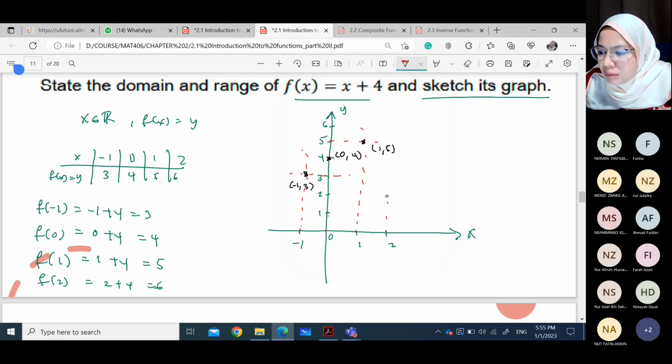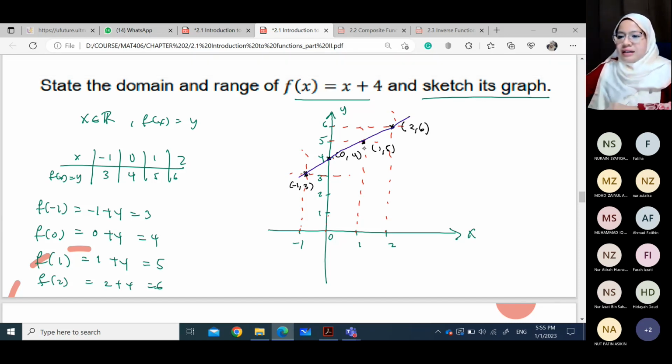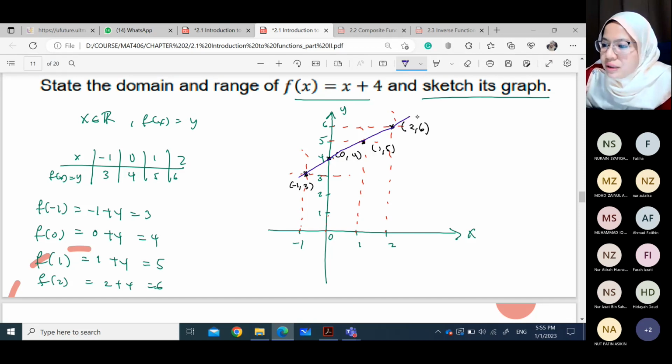So you draw a straight line cutting the x-axis and also cutting the y-axis, where y is 6. This is the point, 2 followed by the range 6. Then take a ruler and connect these points to get a straight line. So this straight line is y equals x plus 4.